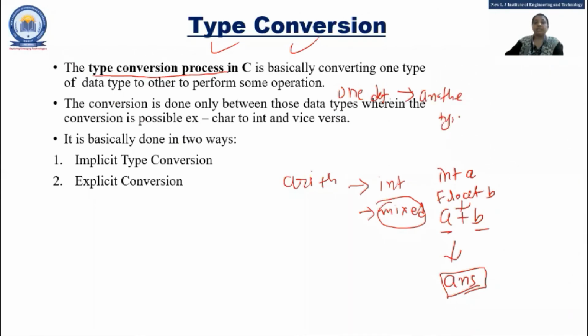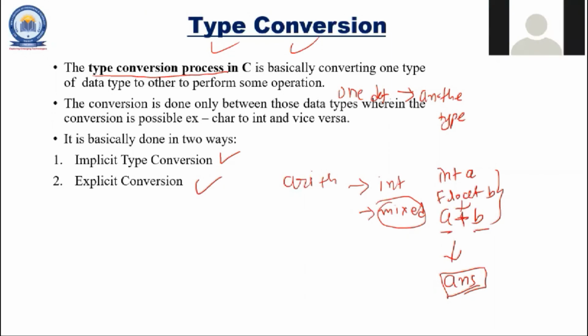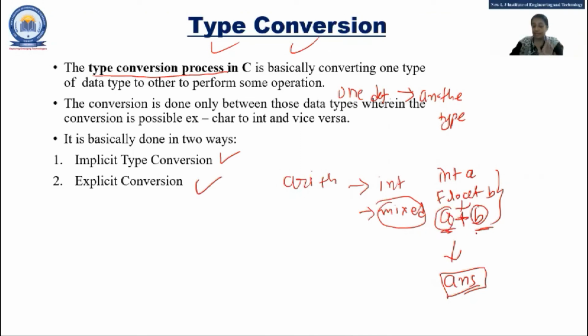There are basically two types: implicit conversion and explicit conversion. Same example: the plus cannot be done on different data types. The precondition is that both should have the same data type.